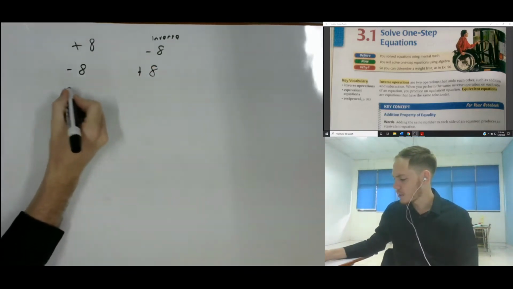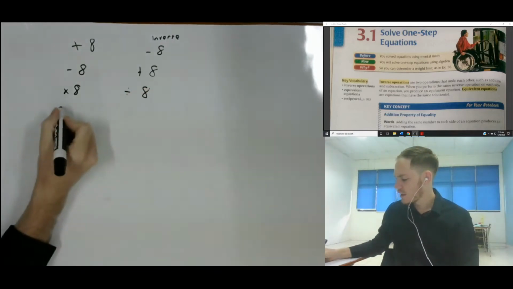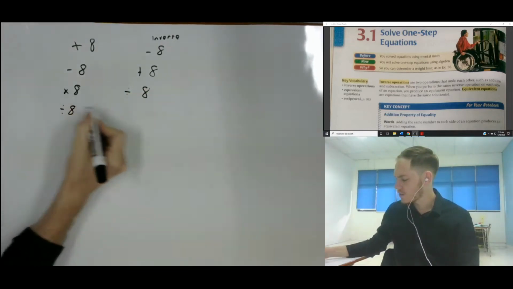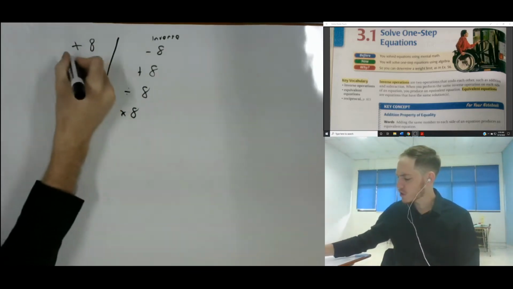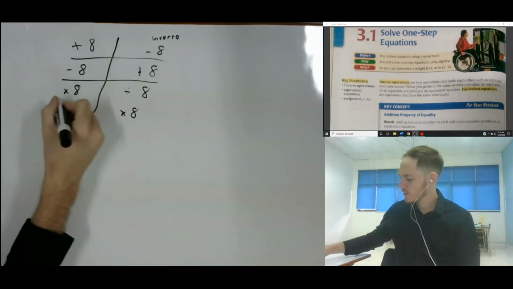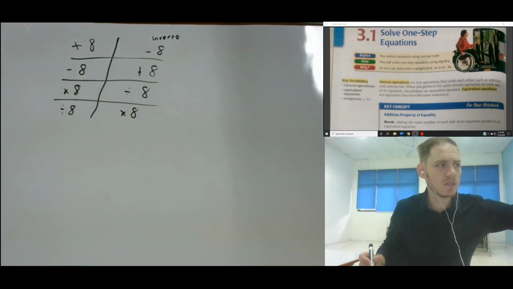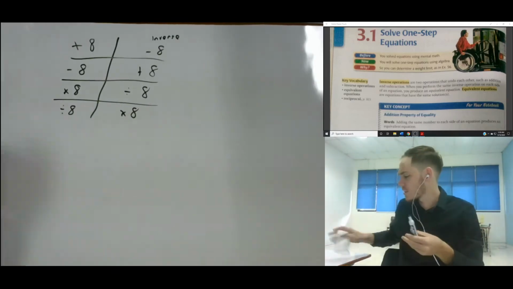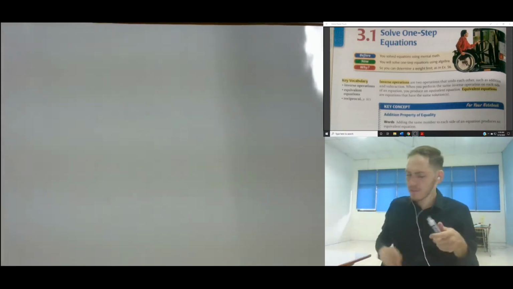If you multiplied by 8, the inverse is to divide by 8. And if you divided by 8, the inverse is to multiply by 8. These are inverse operations, and you should know these. These are something that you covered in math class. Sorry that it's a little bit crooked. I'll try to keep it straight from now on.